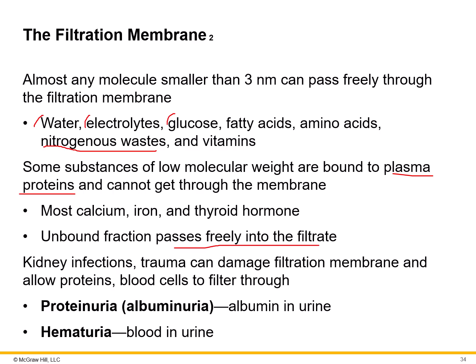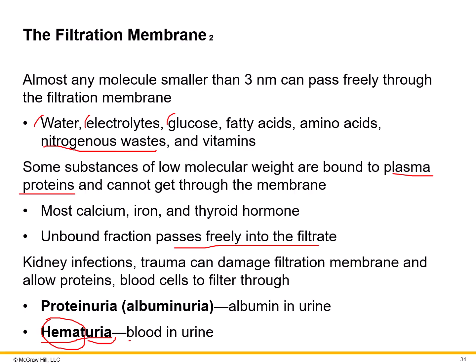All right, so for example, if you have kidney damage, if you got punched in the kidney and it damaged some of those filtration membranes, you might see something like hematuria. Literally, hemato referring to blood, uria referring to urine. You have blood in your urine.